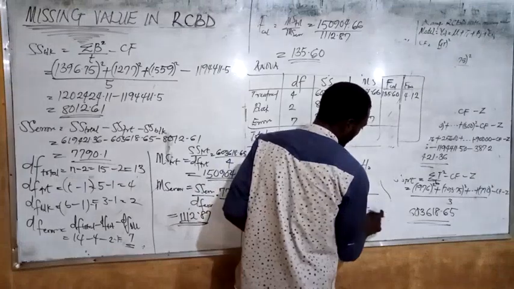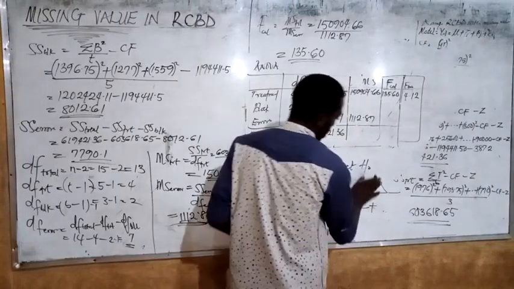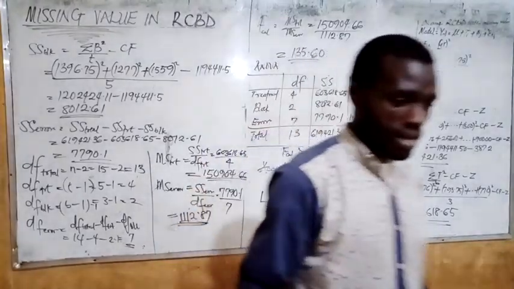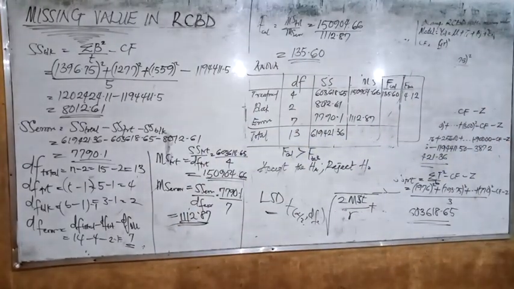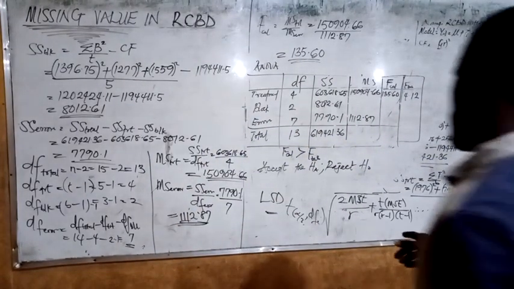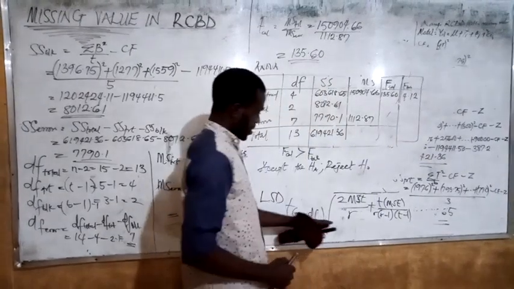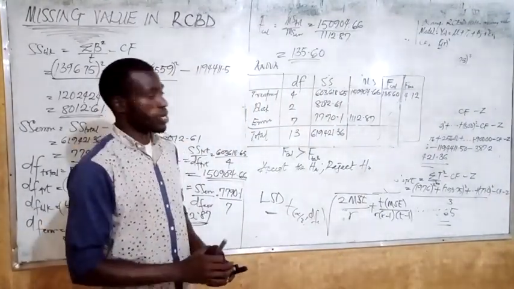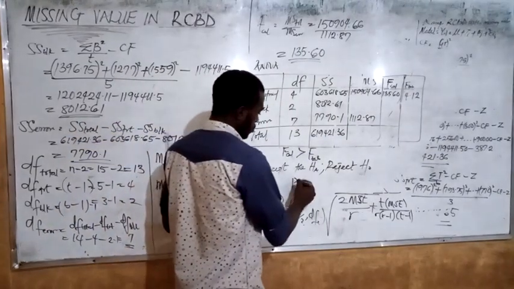You would have to add the bias, and the bias is with the formula. I've actually forgotten the formula. Let me check on that. So this is the formula for the LSD value if you want to carry out your post-hoc test.